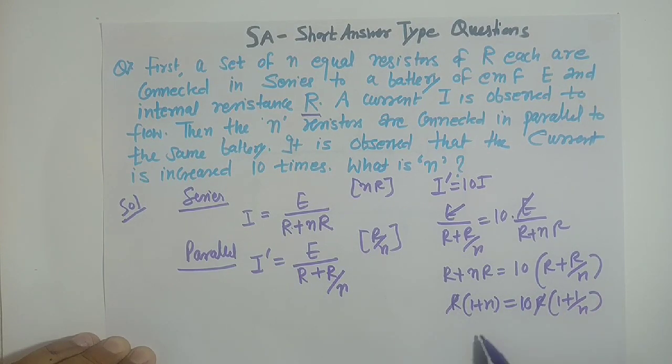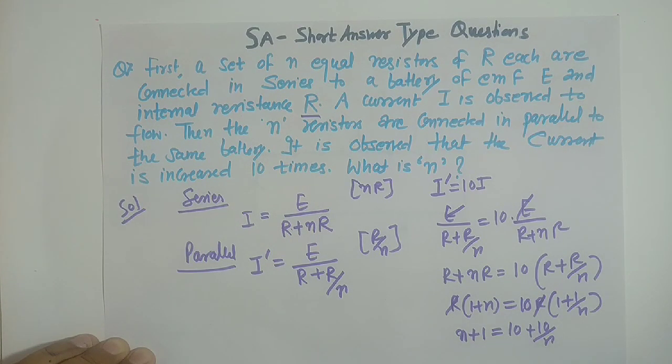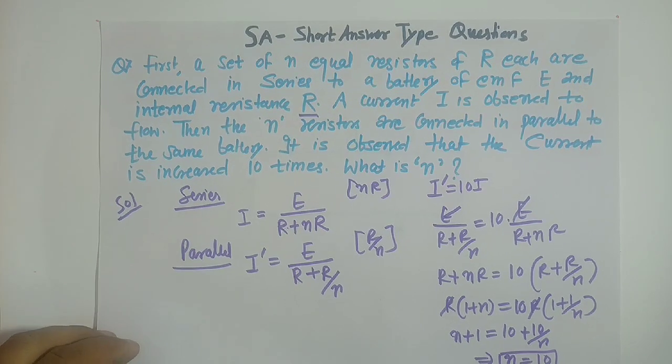Okay, so it is n plus 1 equal to 10 plus 10 by n. Are you getting it? And then you take it on that side and calculate it. The answer you get is that the value of n will be 10 only.